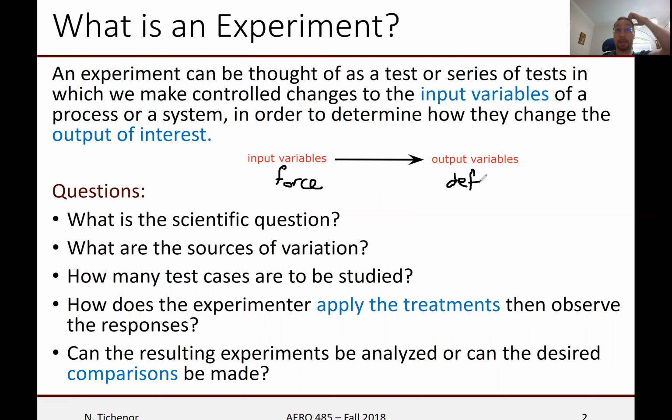This is what we want to identify, the relationship between these two. In doing that, our variable of interest or output of interest is actually the deformation, but we want to relate it to force. So a source of variation of the deformation is force.